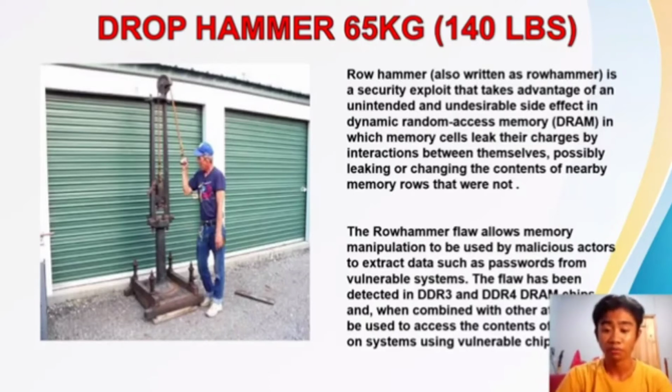The raw hammer flaw allows memory manipulation to be used by malicious actors to extract data such as passwords from vulnerable systems. That flaw has been detected in DDR3 and DDR4 DRAM chips, and when combined with other attacks, it can be used to access the content of memory on systems using vulnerable chips.